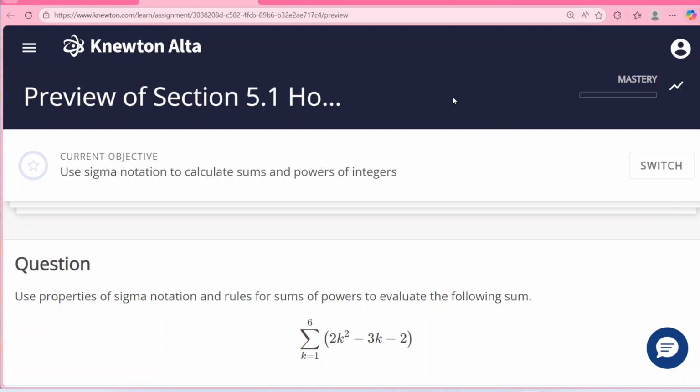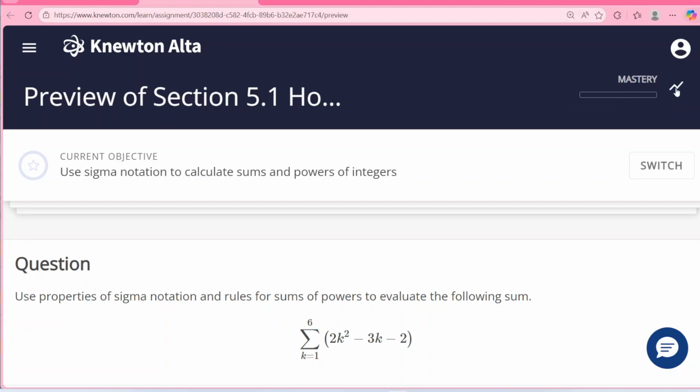Okay, so this is what it would look like. Here we are at the Knewton Alta page. And this is a preview of what is section 5.1. And the number might be different for you in whatever class you're looking at, but this is called Approximating Areas. You should see in the upper right-hand corner a mastery bar that shows you how far along you've gotten in the assignment.